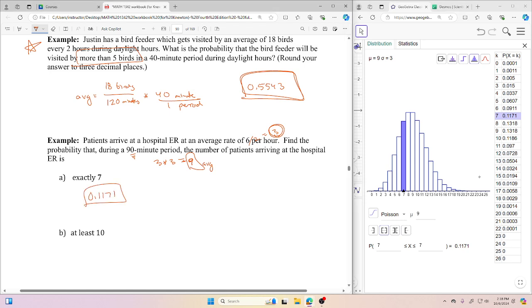At least 10. 10 is the least. So we start at 10, but then what other numbers? 10, and then what else? 11, 12, 13, 14. Okay, cool.